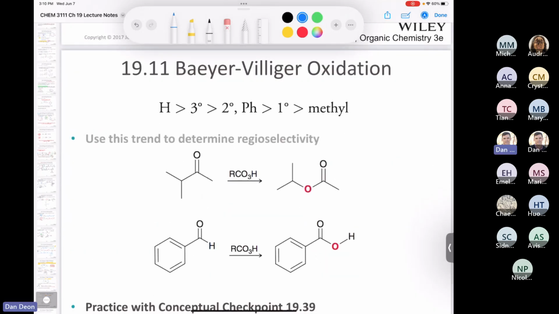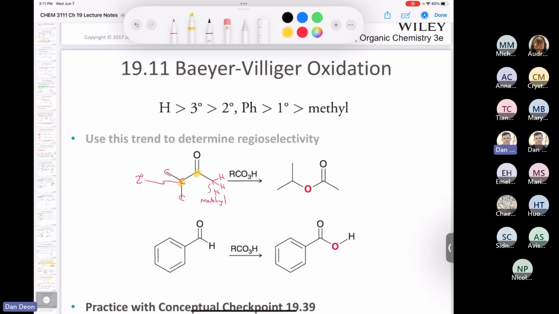So if we look at these two carbons, let me just label this one here. This carbon is attached to two carbons, so this would be secondary. This carbon is attached to three hydrogens, so this is a methyl group. And methyl is the loser of the bunch, it's in last place, and so the oxygen is going to go in between the carbonyl carbon and the carbon that is secondary.